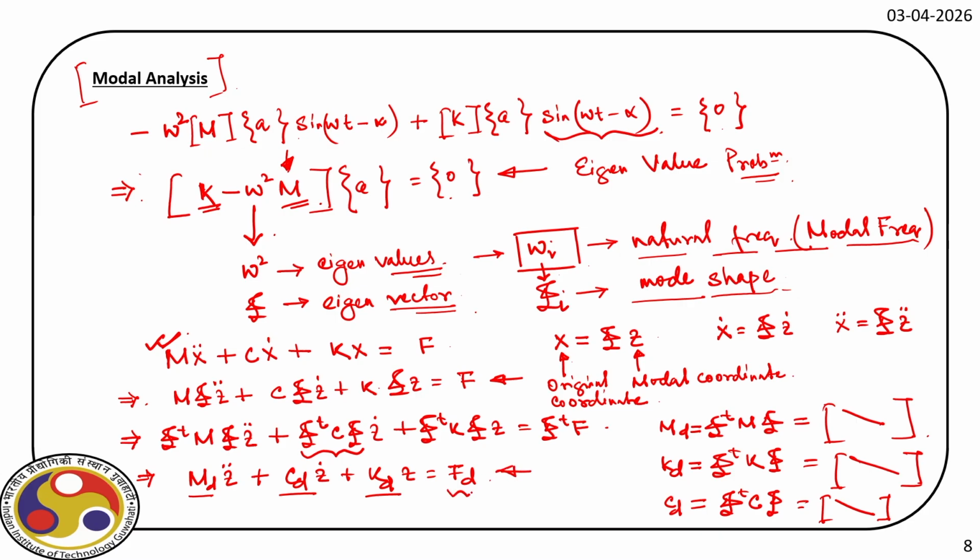The right hand side is phi transpose F, which is called the modal force vector. Originally this equation is coupled, but we have uncoupled it in the modal coordinate.